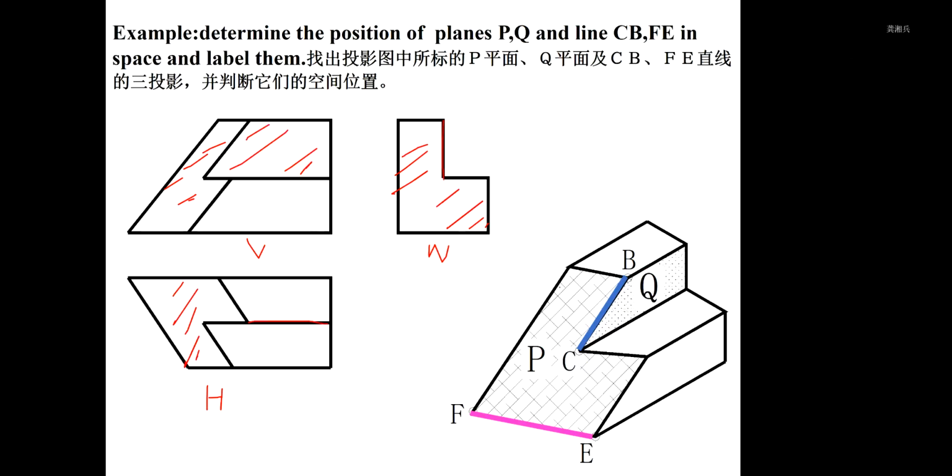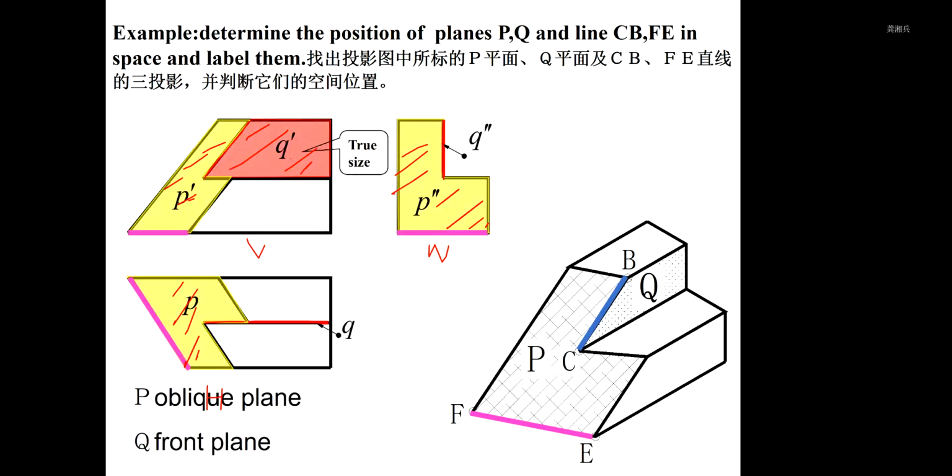For BC, where is BC? This is BC. From this direction, this is BC. From this direction, this one is BC. You can get the answer. P is there, Q is there.